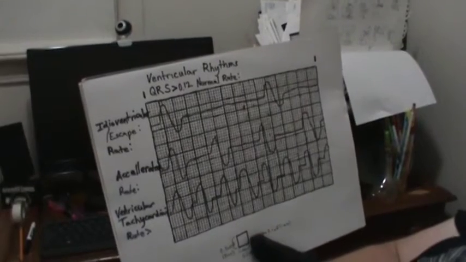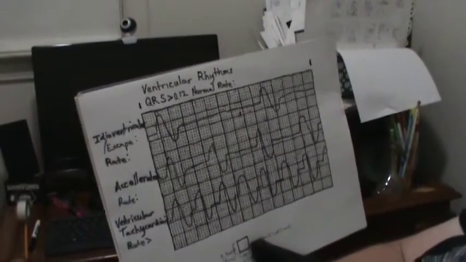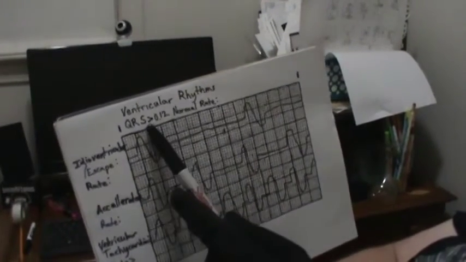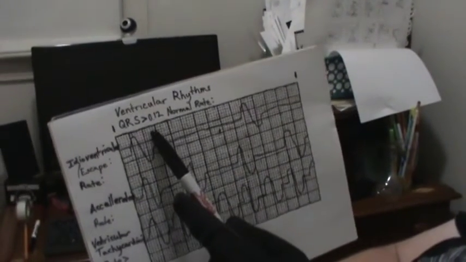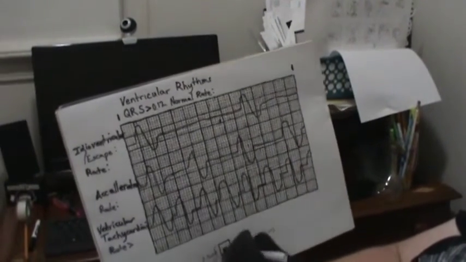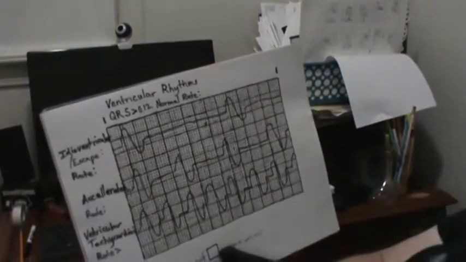So, the characteristics of a ventricular rhythm are that there are no P waves and that the QRS complex is wide, greater than 3 boxes, or 0.12 seconds. A normal rate for a ventricular rhythm, and this is normal in quotation marks, is going to be between 20 and 40 beats per minute.